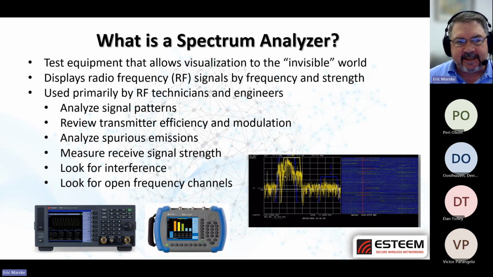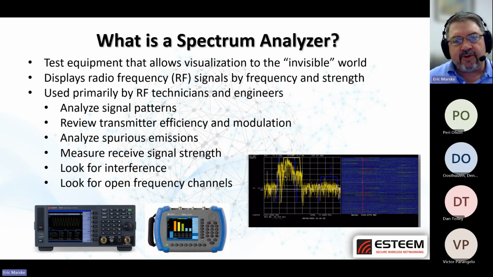Well, really, this is a specialized piece of test equipment that allows you to visualize what's happening in this invisible world, this world that we cannot see. This is all part of the radio frequency world. The difference is that this spectrum analyzer lays out what's happening in a grid box set by frequency across the bottom and signal strength on the top.